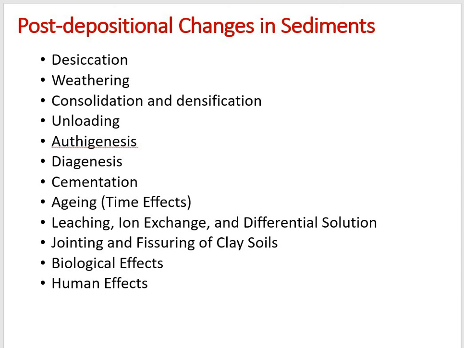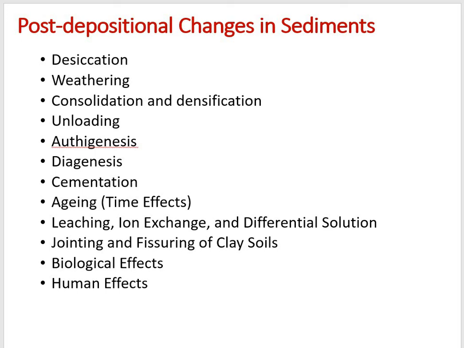Some of this I have already explained in other sections, like weathering, unloading, and leaching. Anyway, I will go through each and every factor in detail in the next lecture. So let us have a brief look.